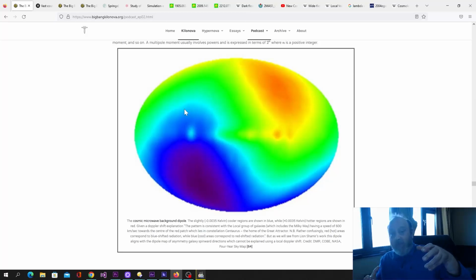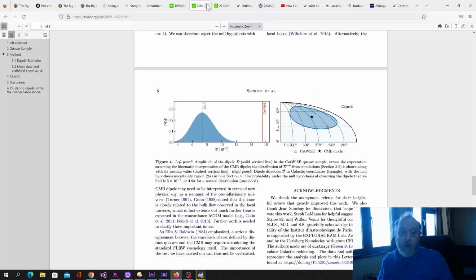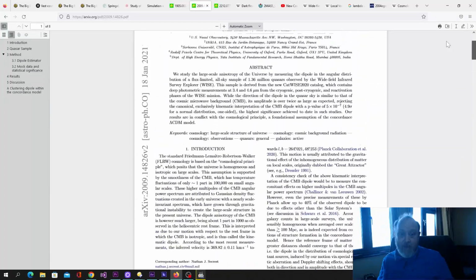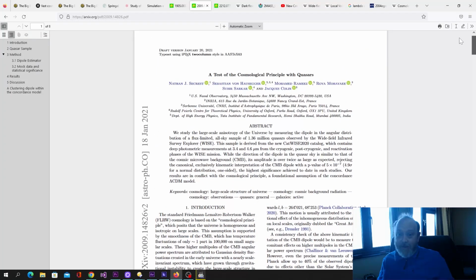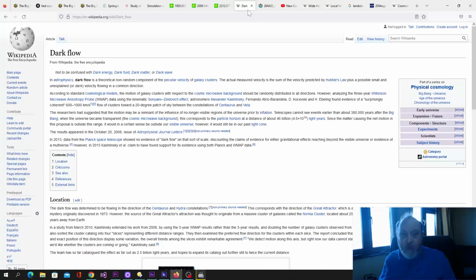That's why this is so important for me, because this is more or less handing me victory in a nutshell, based on the arguments I presented. Occam's razor, which is the simplest explanation. Well, with the Lambda CDM model, dark flow, great attractor, we'll just add in dark energy.